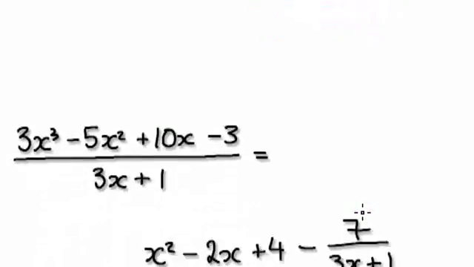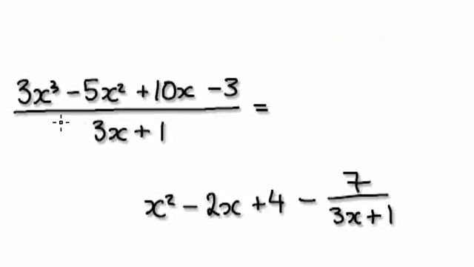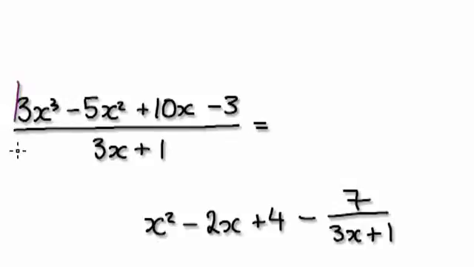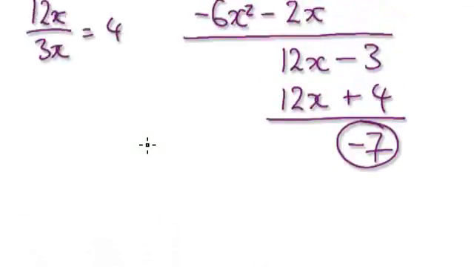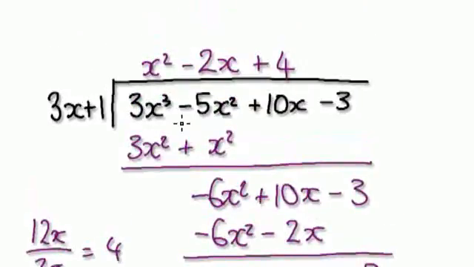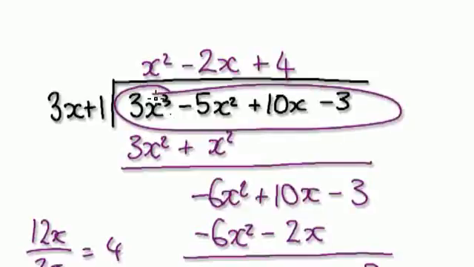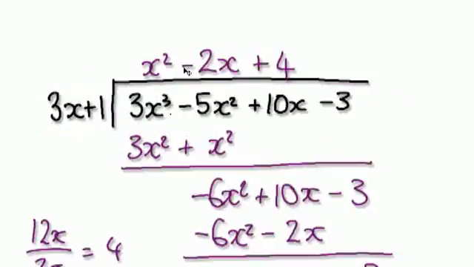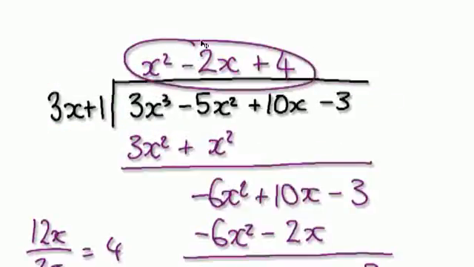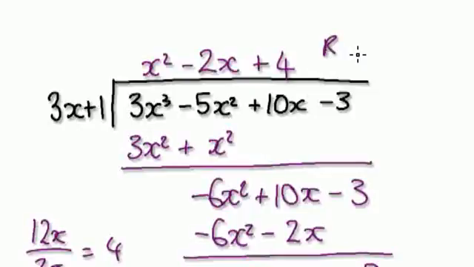So we can actually rewrite this thing here as this. The remainder is negative 7 over the original denominator. Okay, so if you look at this here, when you get this whole thing divided by this, you will get this whole thing, and then remainder negative 7.